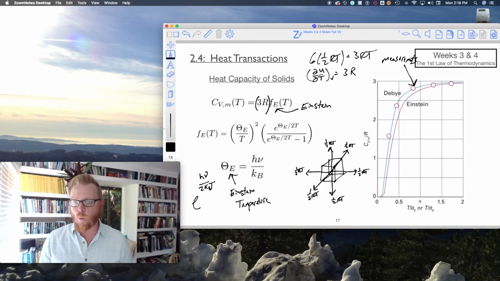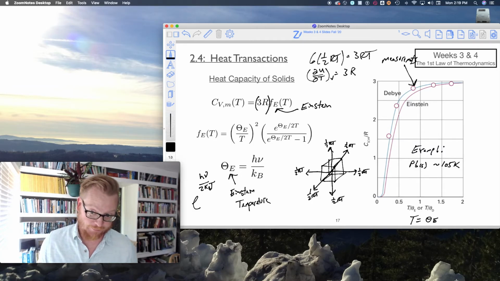When this is 1, that means the temperature equals the Einstein temperature. I'll give you an example, because I know it off the top of my head. For lead, the Einstein temperature is roughly about 105 Kelvin.